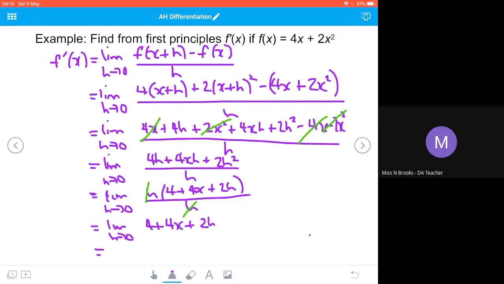And if I make h tend to 0, that 2h is going to become 0. So my final answer, and I'm going to write it with my x terms first, is going to be 4x plus 4. And if we go back to the original function, if I was differentiating that, then I would be expecting to get 4x plus 4 as my derivative.